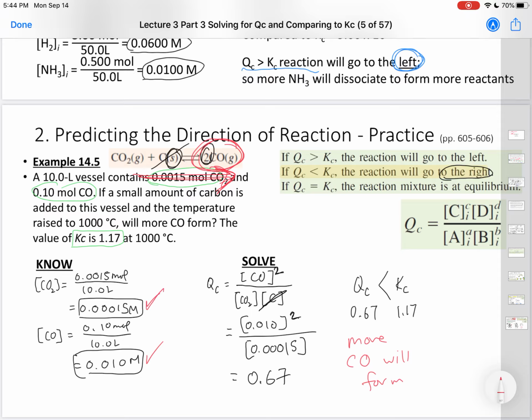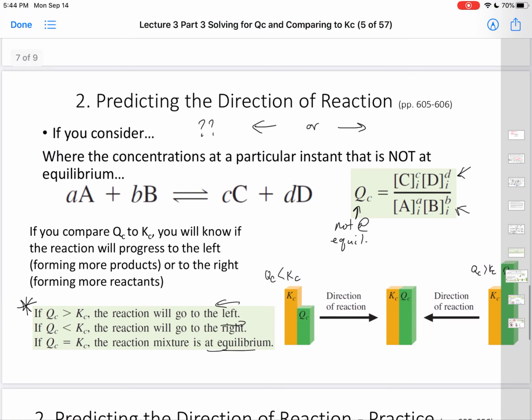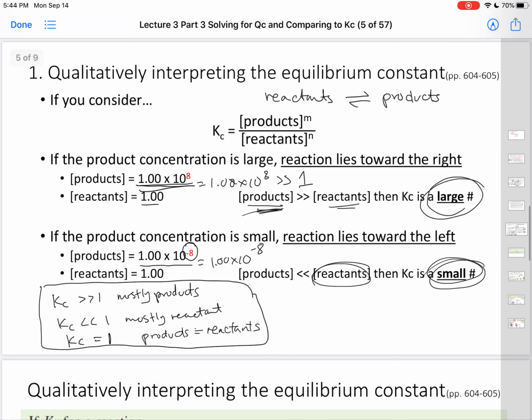That is the most common mistake I've seen, is you don't calculate the molarity first. That throws off your Qc value, and when you compare it to Kc, it's incorrect. So make sure to first solve for the molarity. We did it here, and we did it here. So solve for the molarity, plug it into Qc.